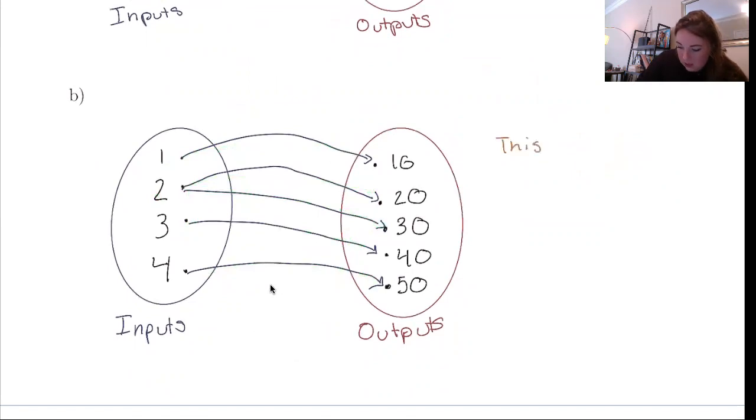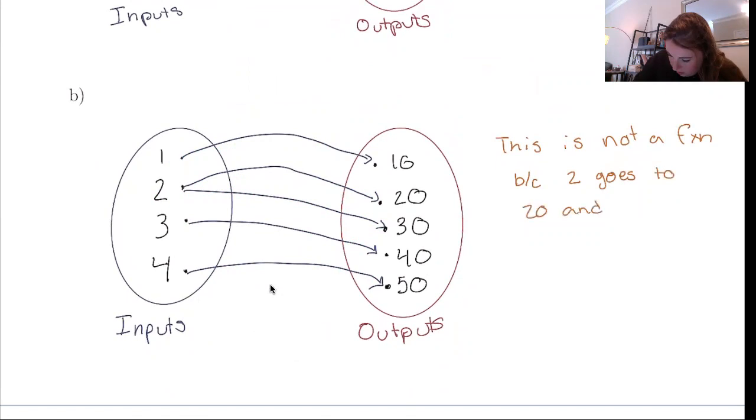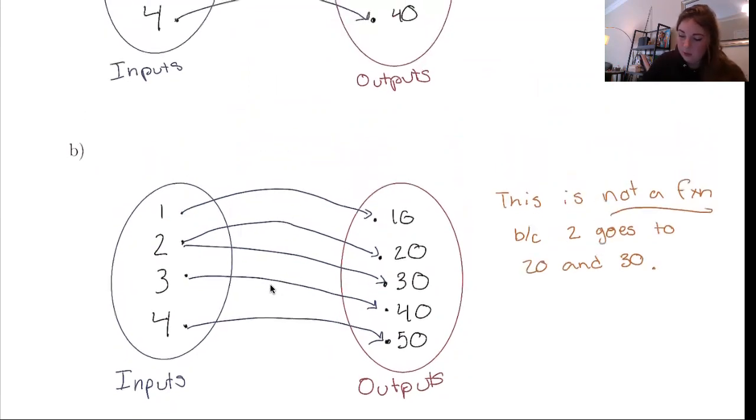I would say that this is not a function, and that is because 2 goes to 20 and 30. I can only have one output and this one has two. Therefore, it is not a function. Pretty straightforward, I think. I hope you can read that.